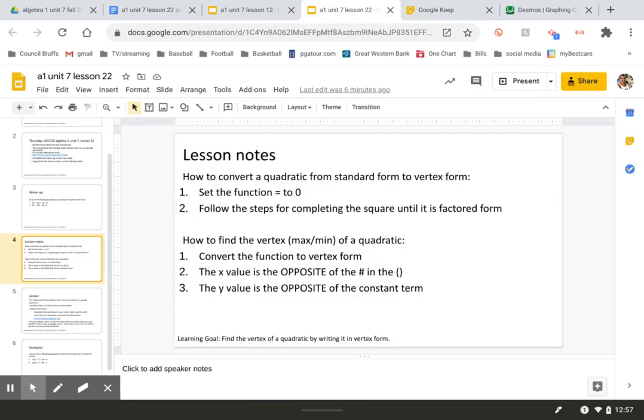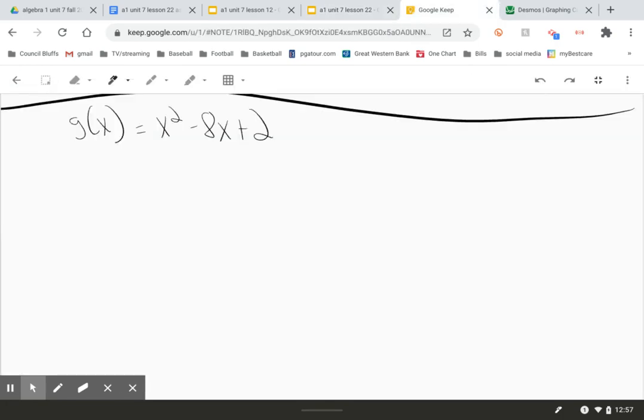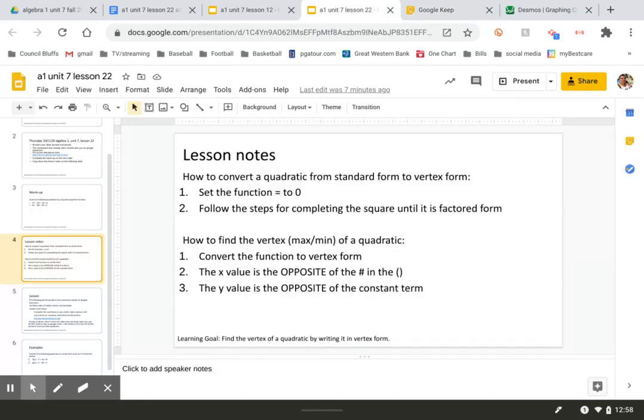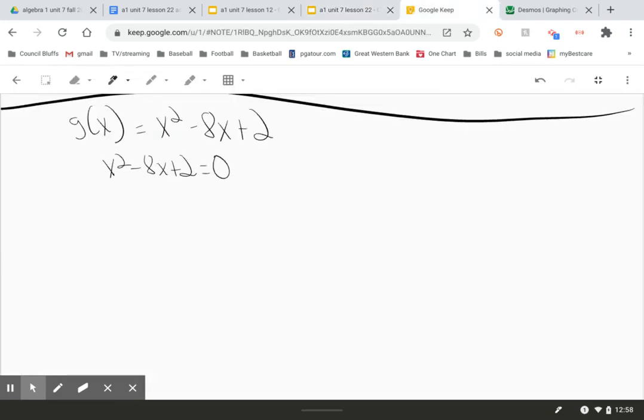All right, so we're going to set the function equal to 0: x squared minus 8x plus 2 equals 0. We're going to follow the steps for completing the square until it is in factored form.